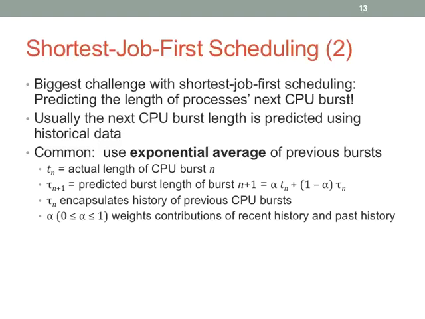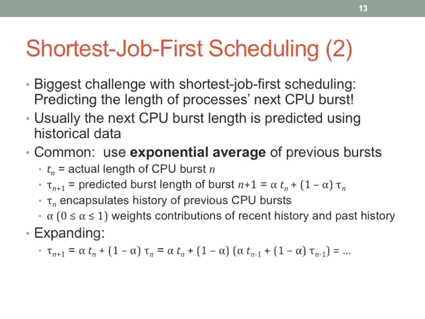If alpha was 0, we would only consider historical behavior, which I guess would eventually include Tn because we update tau based on basically the whole history of the process's behavior. Okay, so expanding this, tau of n plus 1 is going to be alpha times Tn, plus 1 minus alpha times tau n, and then you can go ahead and expand what tau n would be.